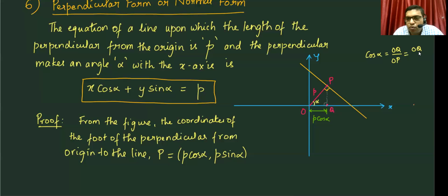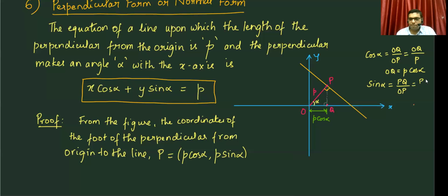So OQ by p, therefore OQ is p cos alpha. Similarly, sin alpha is opposite side PQ by hypotenuse OP in this right angle triangle.